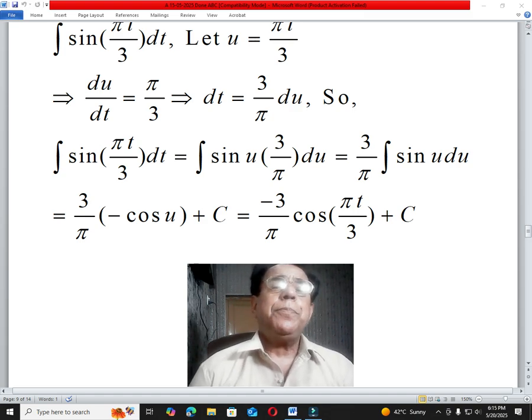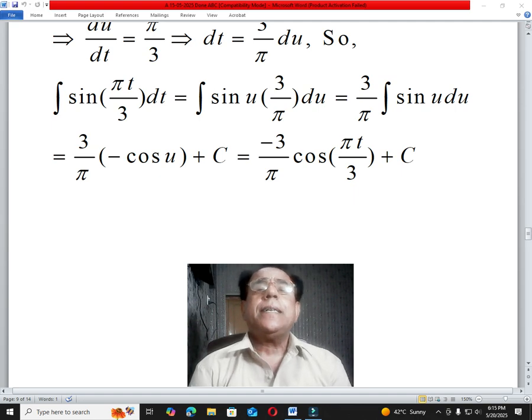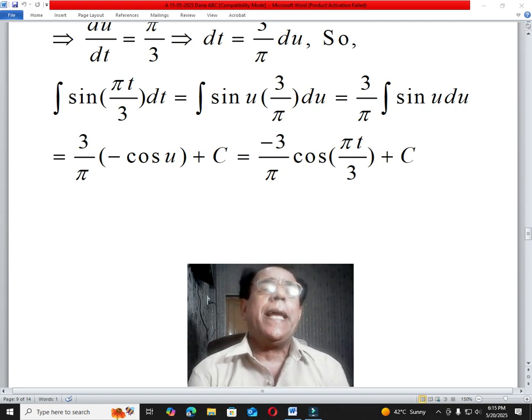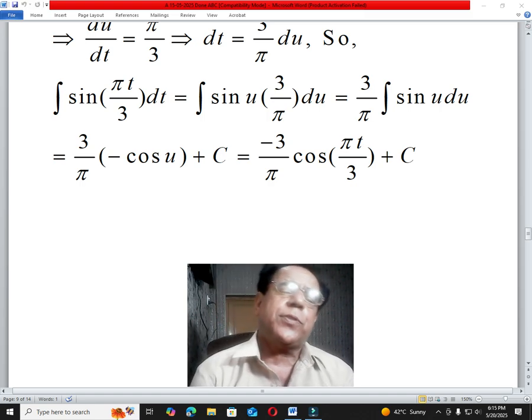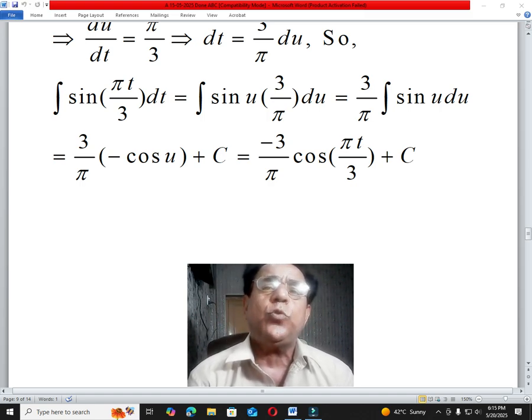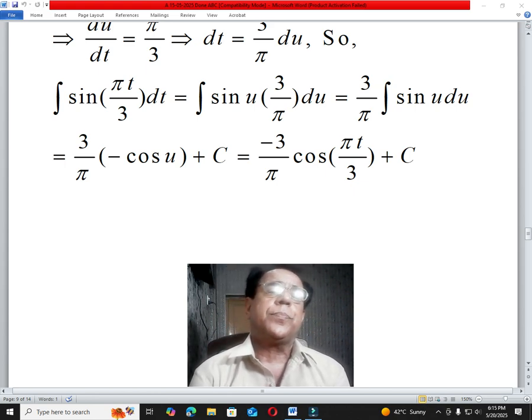In the next step we are going to integrate this factor as per rules of integration, and we know that integration of sine u is minus cos u. Differentiation of sine u is plus cos u, but integration of sine u is minus cos u.